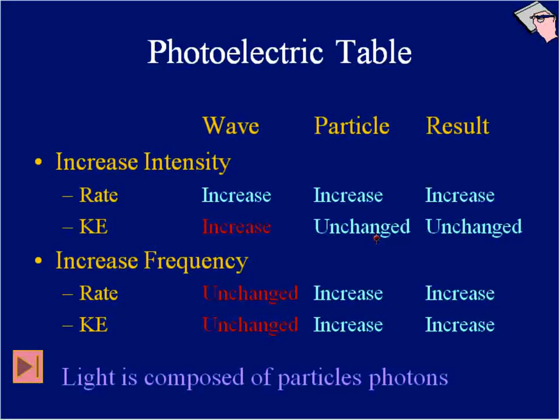So why should the electron have different energy? Particle theory could explain the results, wave theory could not.